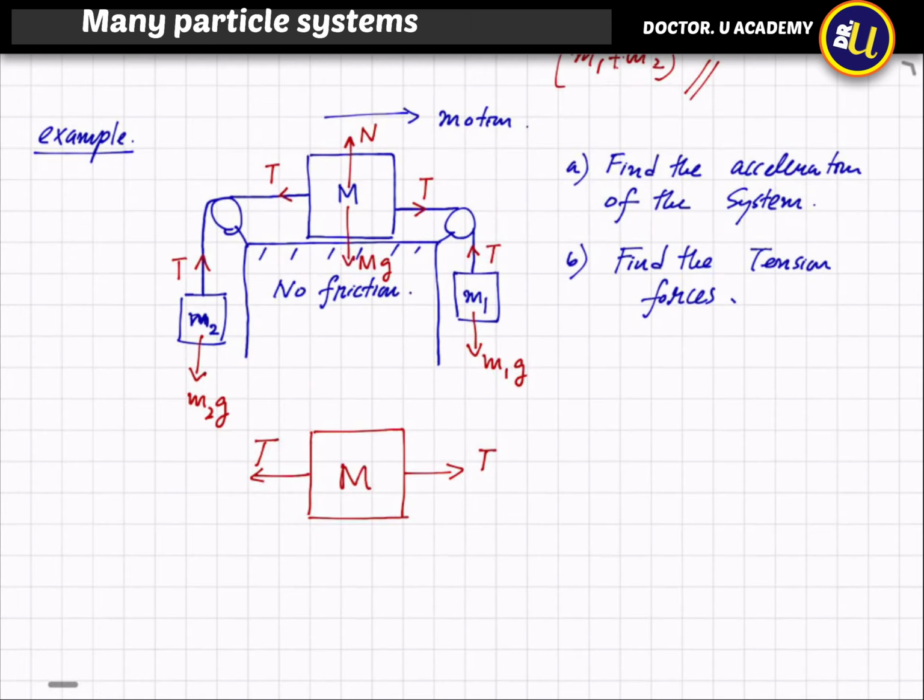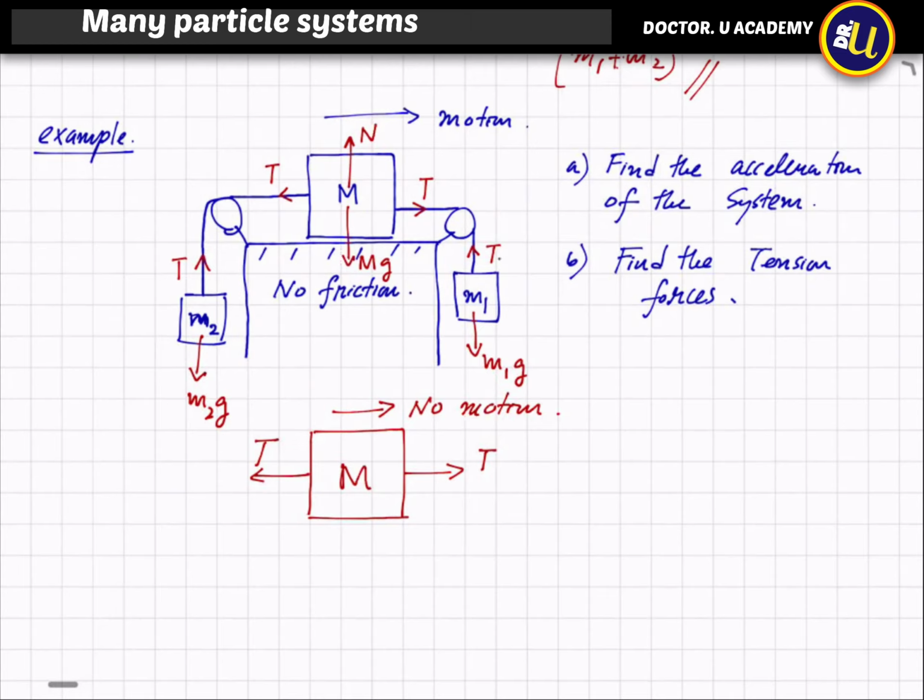No, there is no external force acting on this mass. If I draw T and T, and there is no net external force on this mass, there shouldn't be a motion. So we have to be very conscious when we are doing this.